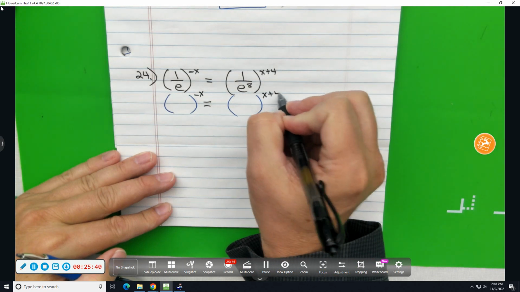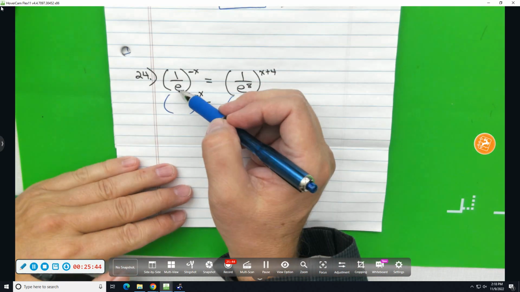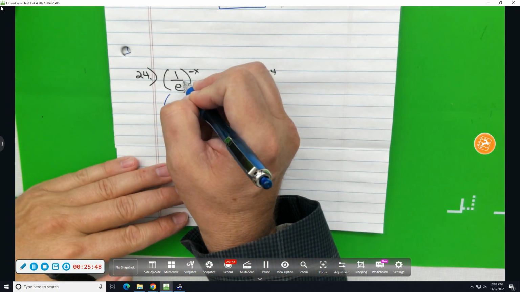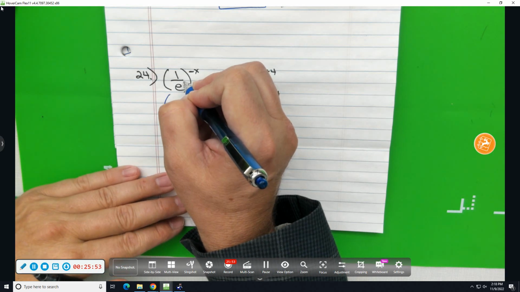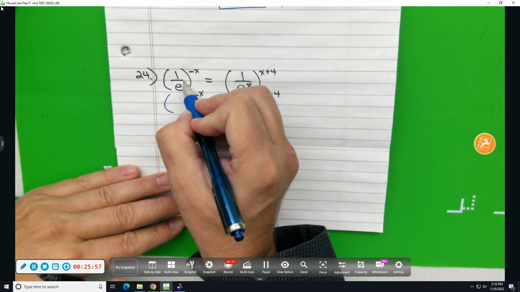Be thinking about your definition of negative exponent. How are we going to rewrite 1 over e as e to a power? I don't see a power on this e, so we assume there's an exponent down here. If you don't see an exponent, you assume a power of 1.